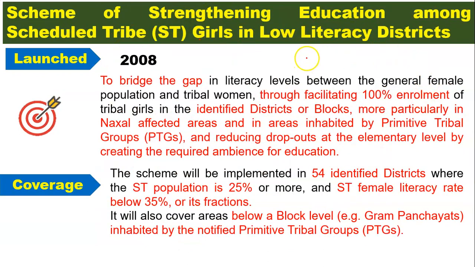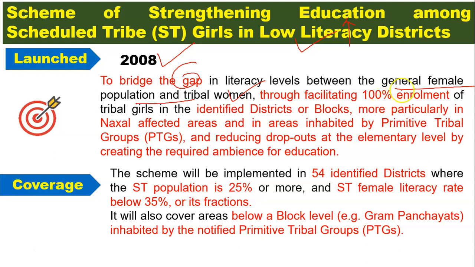Now the next scheme is the scheme of strengthening education among scheduled tribe girls in low literacy districts. So go by the line. It was also launched in 2018, and the main aim of this scheme is to bridge the gap and enhance the literacy level between the general female population and tribal women.